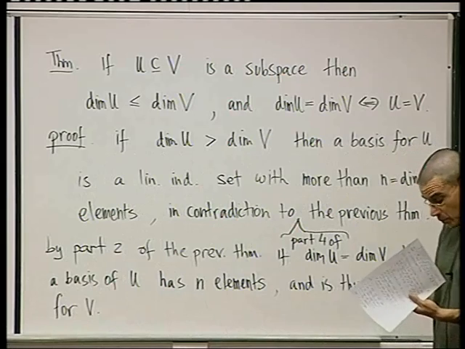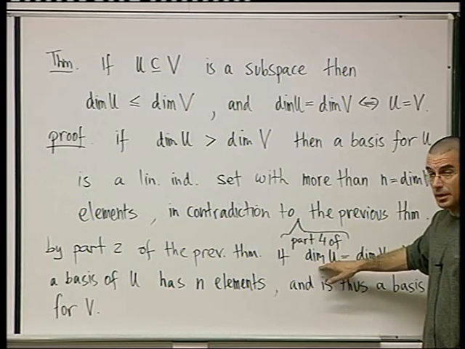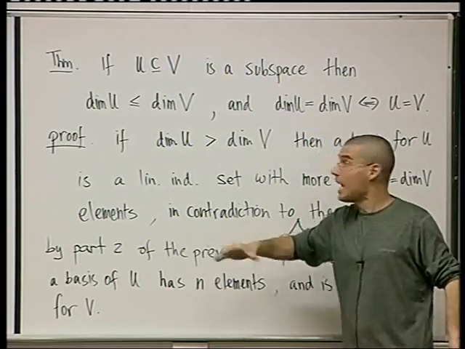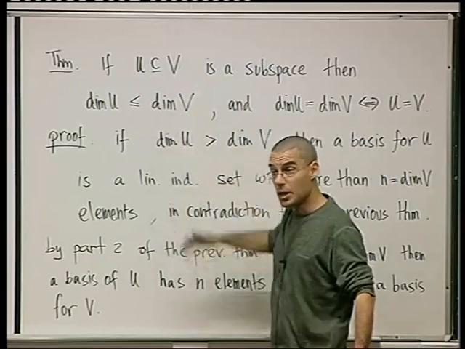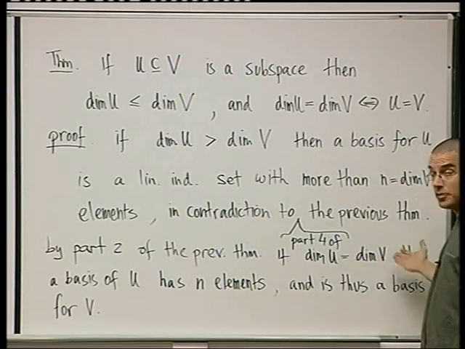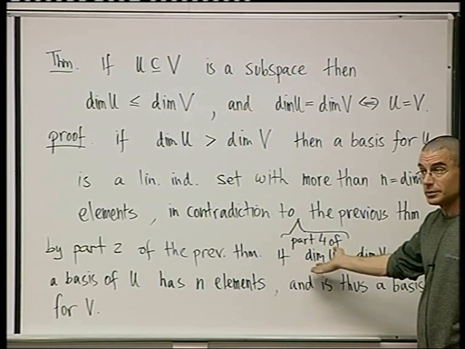Good? So we started with a basis for U. It has n elements. Therefore, it's a linearly independent set inside V. U lives inside V with n elements. Therefore, it's a basis for V. So anybody in V is already in U, right?